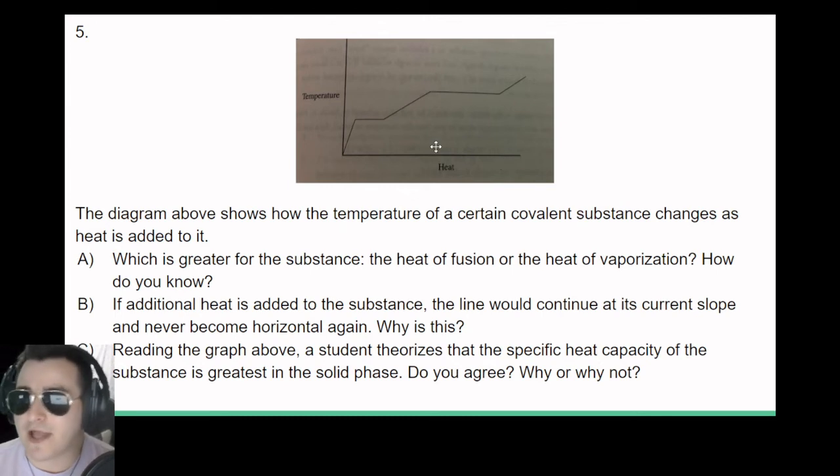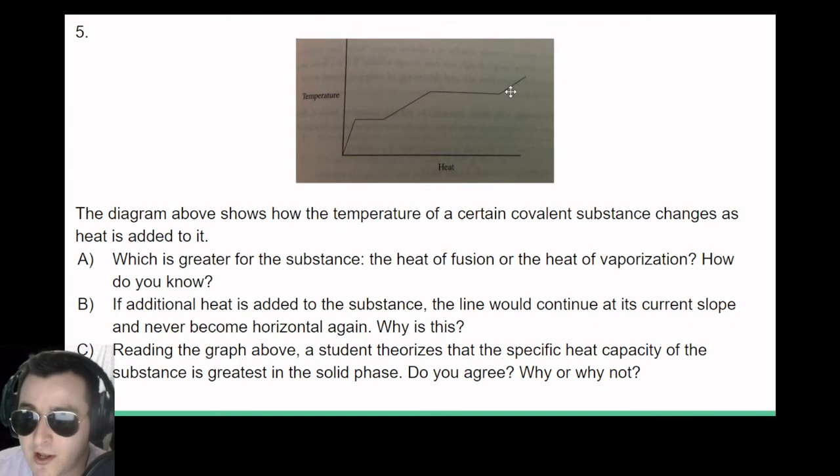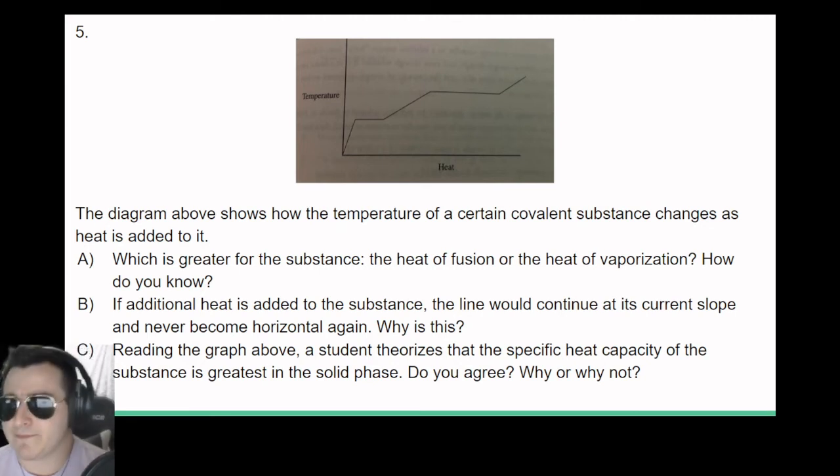Who has the longer line? Fusion, vaporization. I'm putting energy in, but the temperature is not going up because, remember, this energy is being used to overcome the potential energy, which means the energy of vaporization is going to be higher than the energy of fusion, which also is in line with the example problem we did earlier in this video.